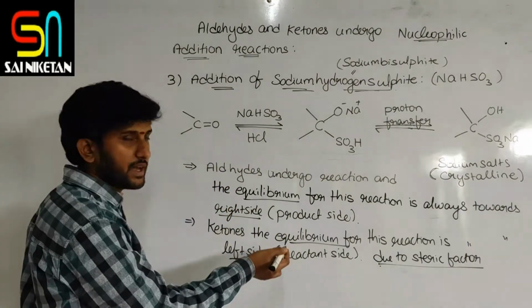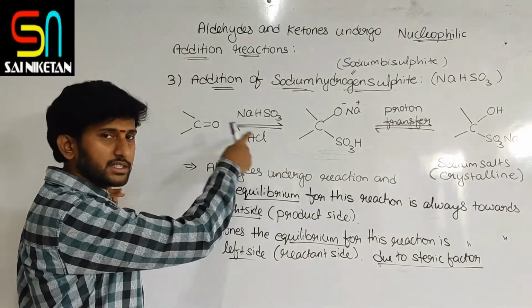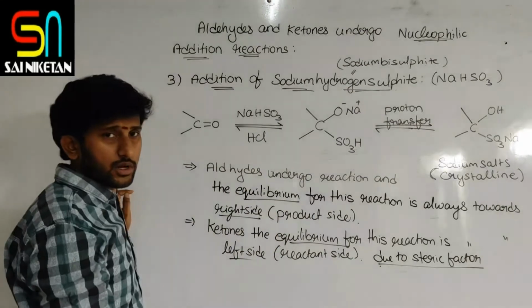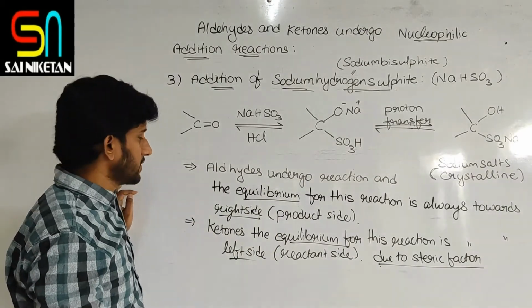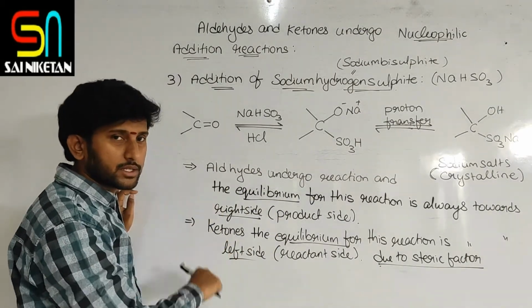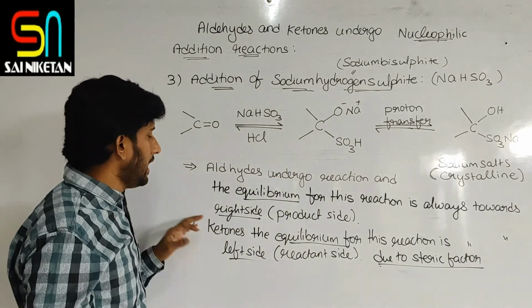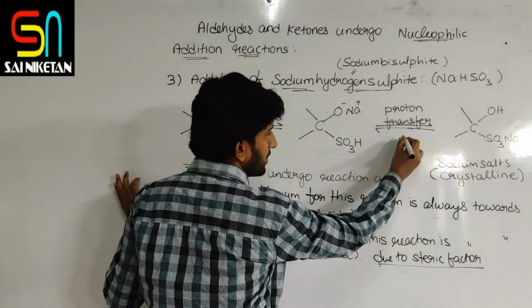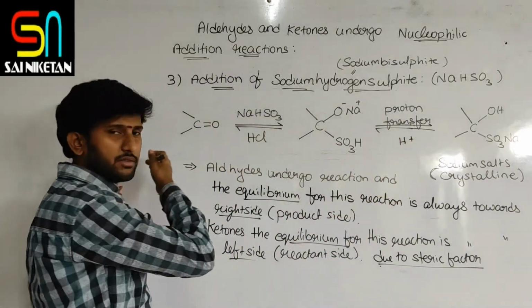So, due to the steric factor, sodium bisulfite easily reacts with aldehydes to give the respective crystalline salts, whereas ketones are not as reactive as aldehydes. And the speciality of this reaction is that it can be reversed.